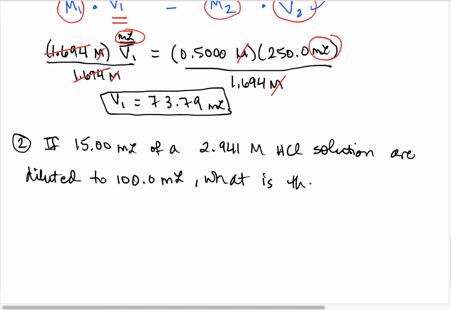What is the molarity of the new solution? All right, so now that you've seen this once, go ahead and pause the video and try to solve for the new molarity by yourself.